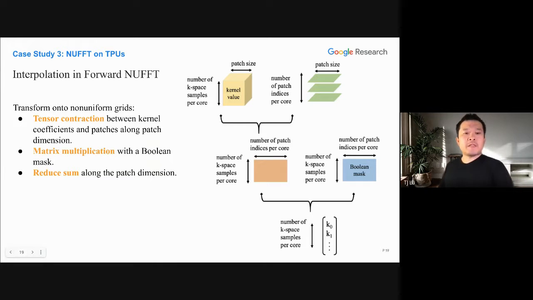The most expensive operation in NUFT is interpolation. We formulate the interpolation operation as tensor operations, which are highly efficient on TPUs. The figure on the right is a flow graph of the operations in forward NUFT. It can be seen that the interpolation in forward NUFT contains a tensor contraction, a matrix multiplication, and a reduced sum.